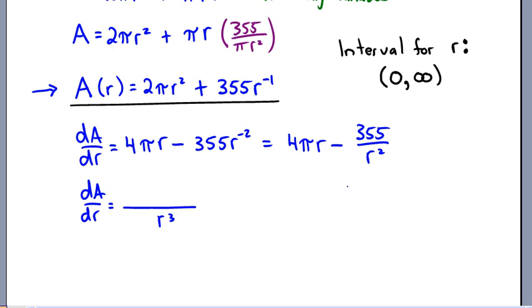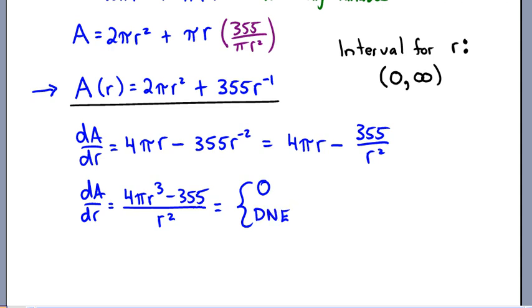So this first term needs a little kick with an r squared to get there, and you're going to have 4 pi r cubed by the time you have the common denominator, minus 355. And I've got the wrong denominator down there. Sorry, that's going to be a squared. There, fix that. Okay, critical point. I'm wondering, could that ever be 0, or could you break it?